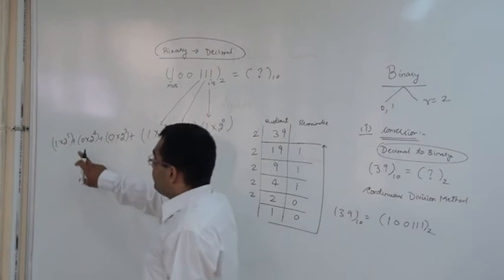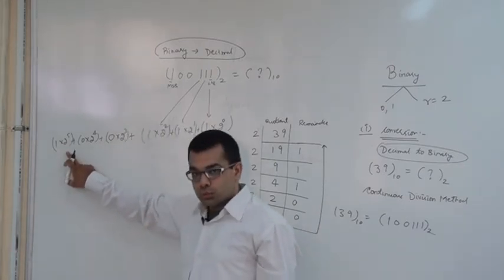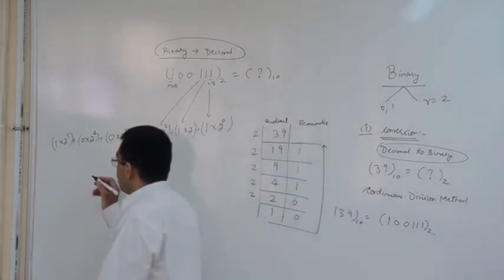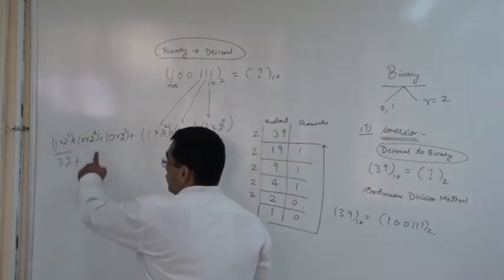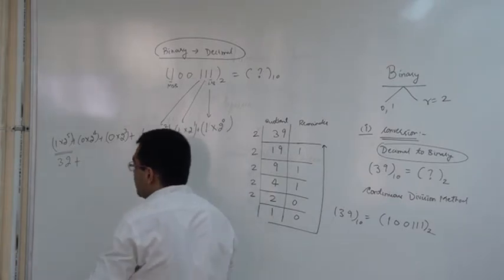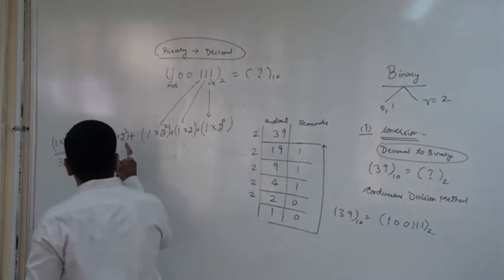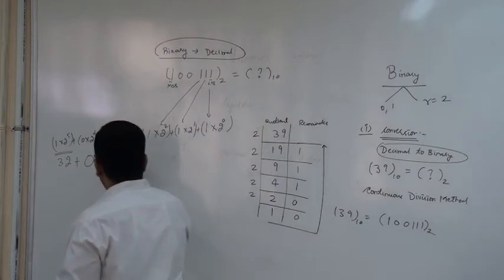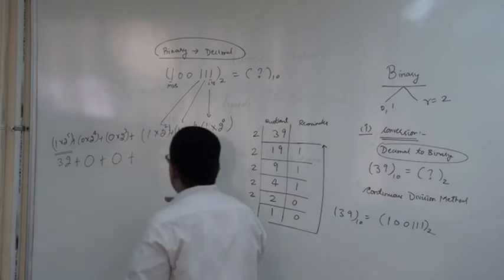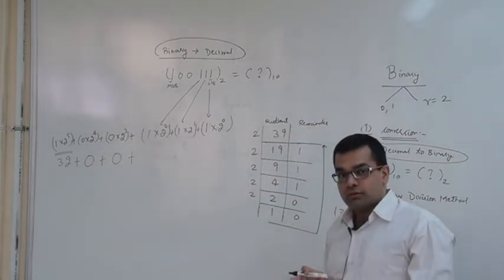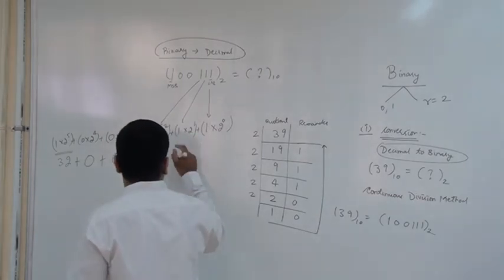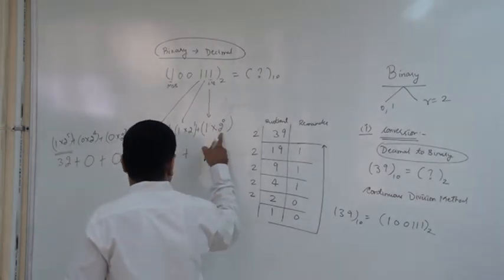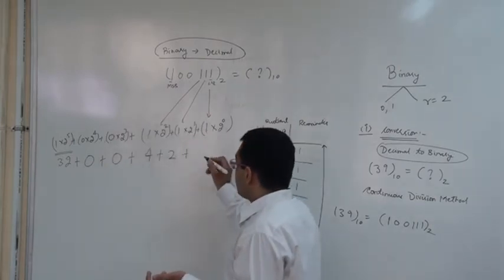Now what is 2 to the power 5? That is 32 into 1. So this is 32, plus 2 to the power 4, that is 16 into 0, that is 0, plus 2 to the power 3, 8 into 0, that is 0, plus 2 to the power 2, that is 4 into 1, that is 4, plus 2 into 1, that is 2, plus 2 to the power 0 is 1 into 1, that is 1.